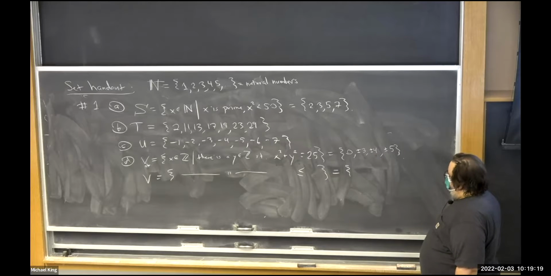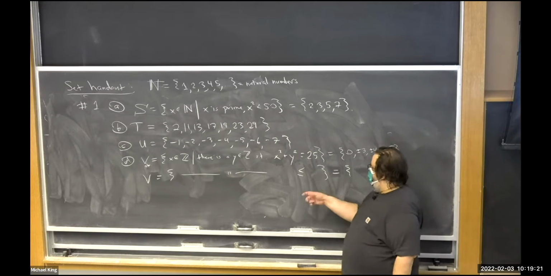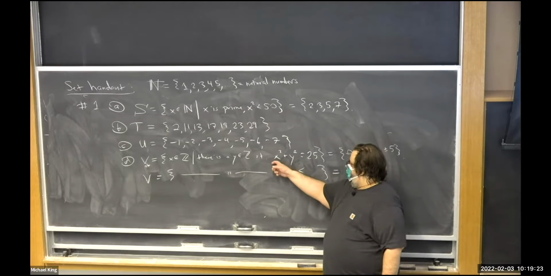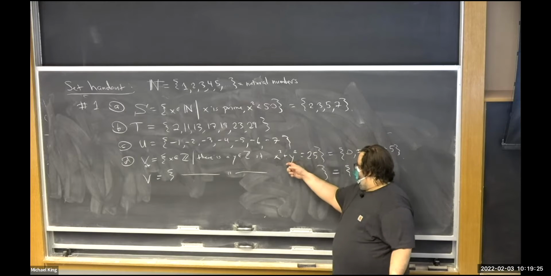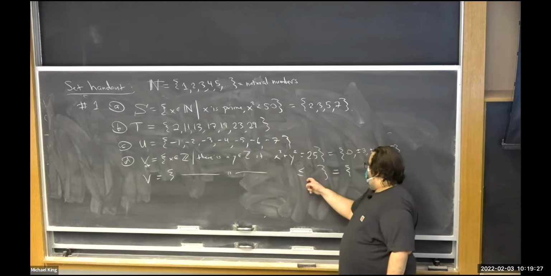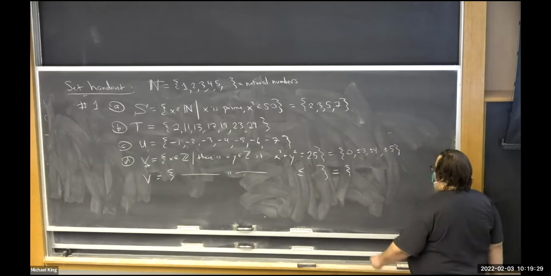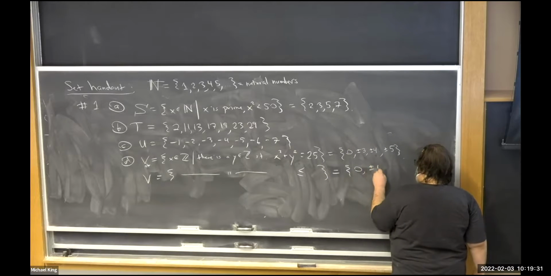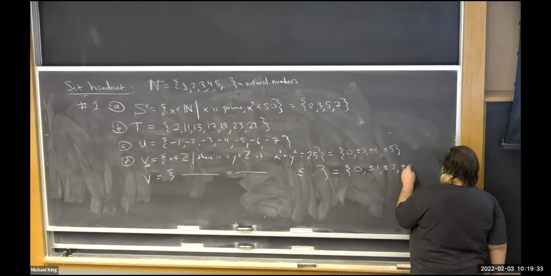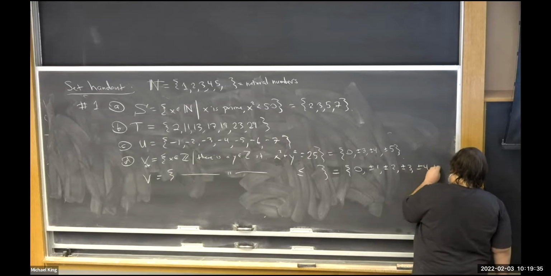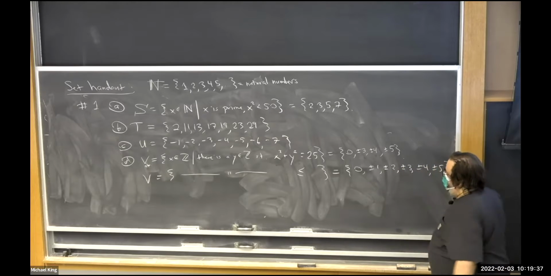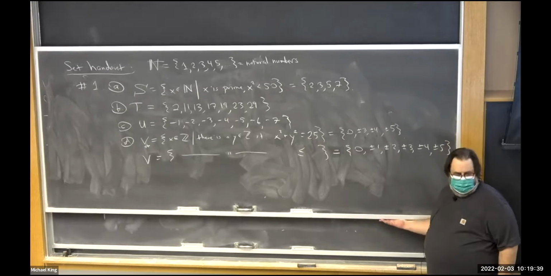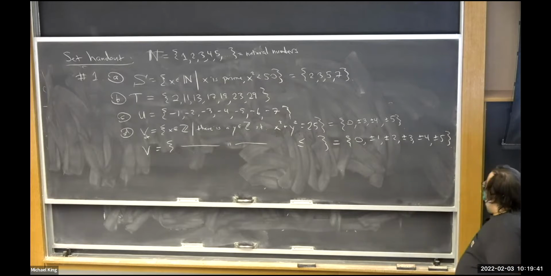Plus or minus 1 is fine too, right? Because 1 squared plus anything, there is a y, so that makes this less than or equal to 25. Good, so just plus or minus. Okay, so that somehow picks out those numbers.